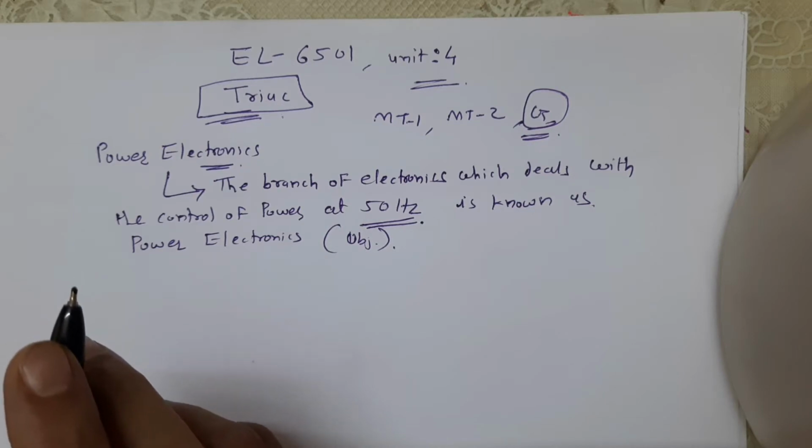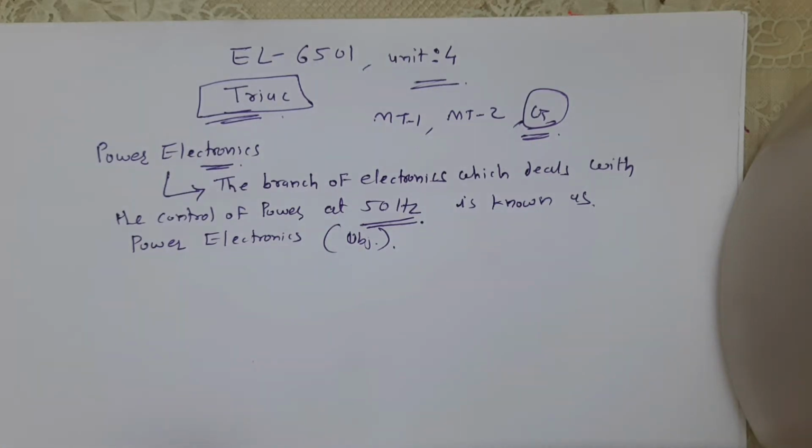However, electrical methods do not permit a fine control over the flow of power in a system. For example, the speed of a ceiling fan can be changed in 4 to 5 steps by electrical method, but we cannot change it in between.